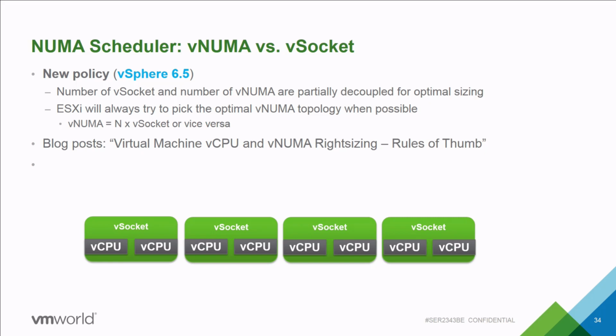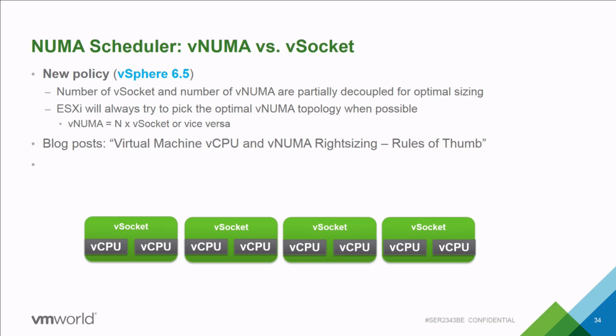But if you specify a non-default cores per socket, before 6.5 this number will determine the virtual NUMA node size. If you specify cores per socket to be 4, a virtual NUMA node will have 4 vCPUs. In 6.5, we made an improvement.